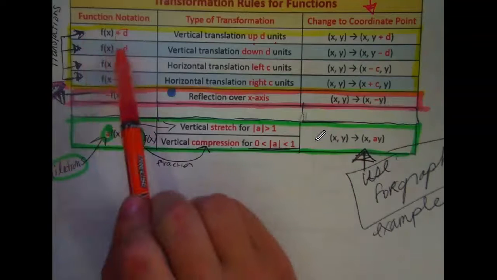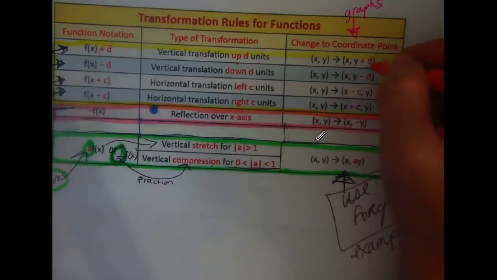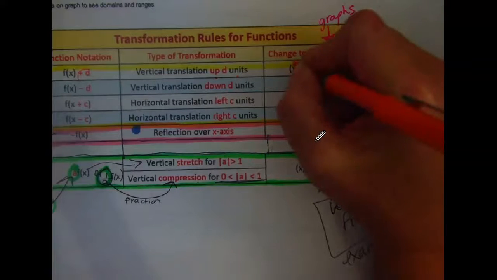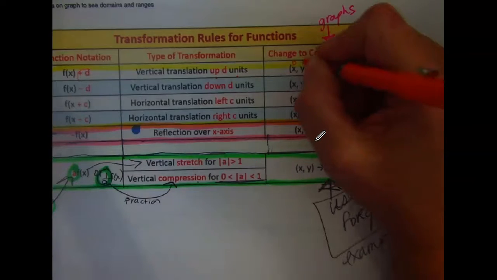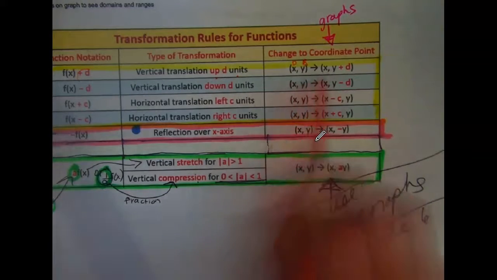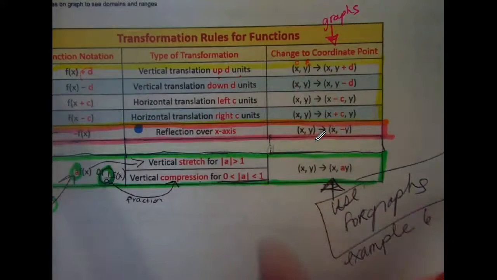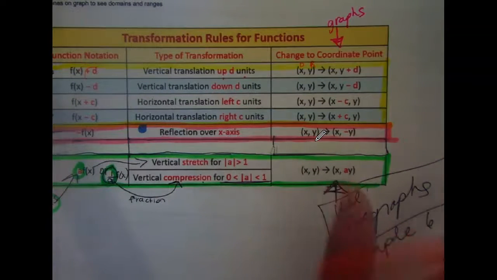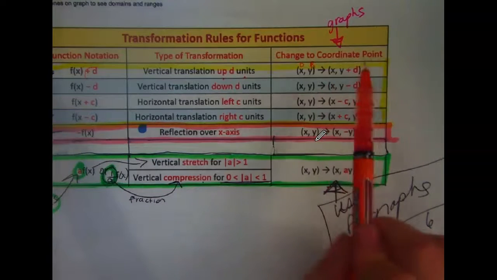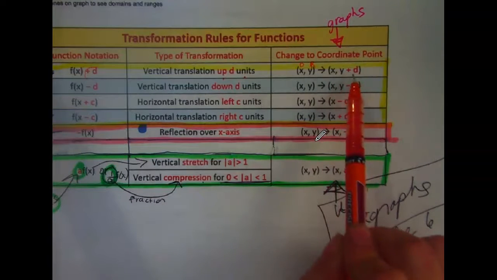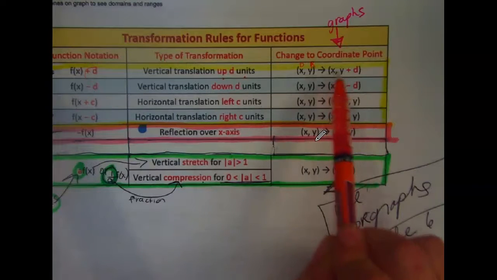So this is also what we're going to look at. This is where we're talking about domain and range. The x's are the domain, the y's are our range. So this tells us what happens when you go up a certain amount for a transformation. This one says the x value stays the same, but you take y and you add whatever the number is you went up. So this is going to help us with this next part.